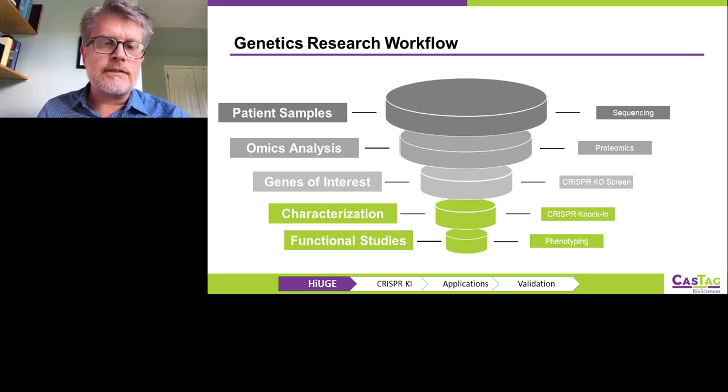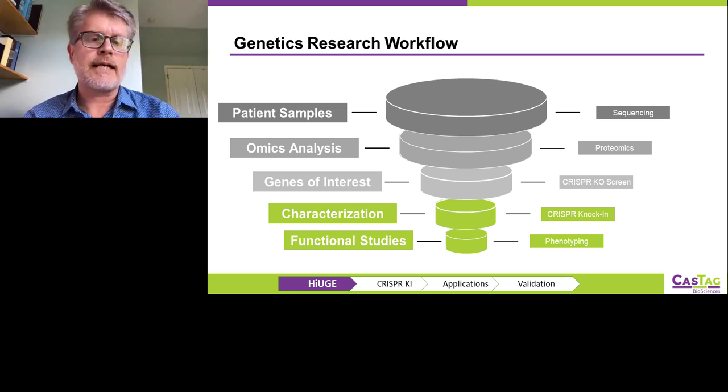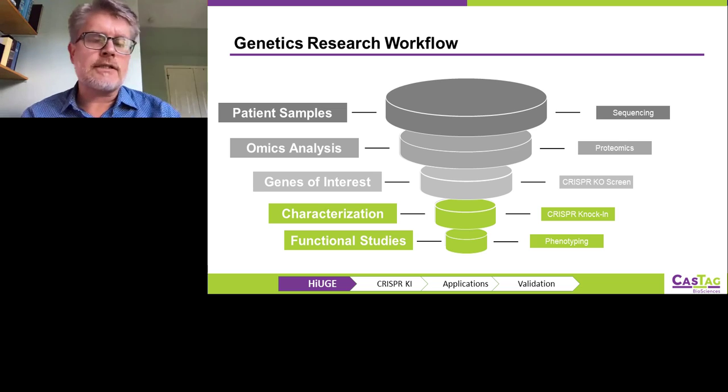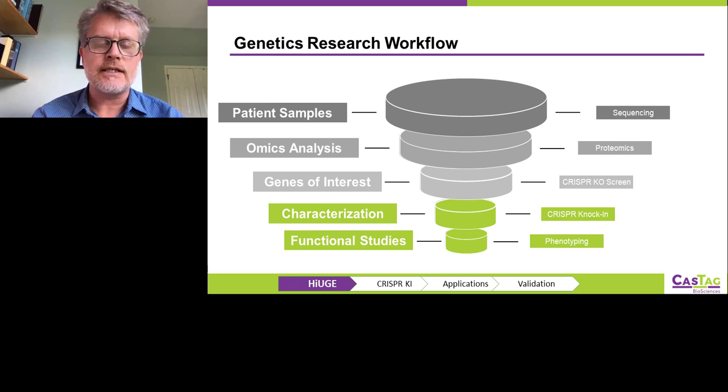Another entry point for these types of experiments is omics analysis. And so omics analysis, a good example of this would be proteomics, or another example could be metabolomics. Proteomics is actually one type of analysis that I utilize quite a bit in my own research laboratory at Duke University.